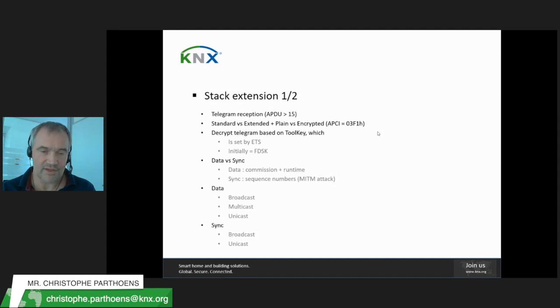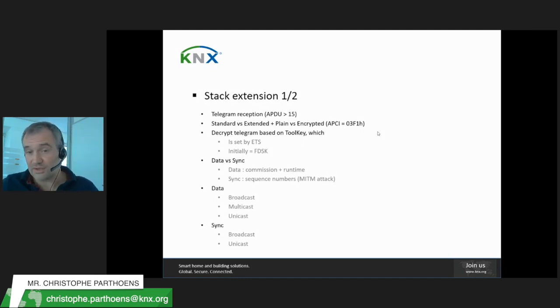The first thing you need to do is take care of the telegram reception as such, because in the plain devices it would be okay to have telegrams up to a maximum of 15 bytes in the payload, expressed by the APDU. For encrypted telegrams, it will be more than 15.